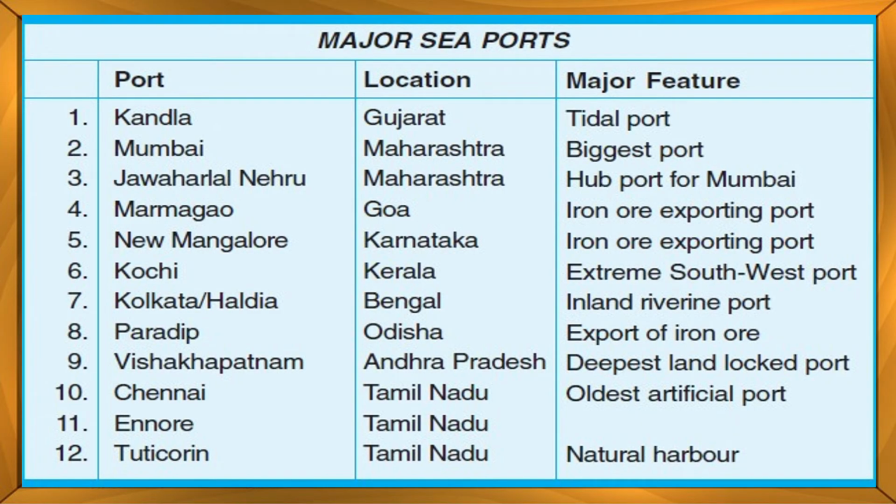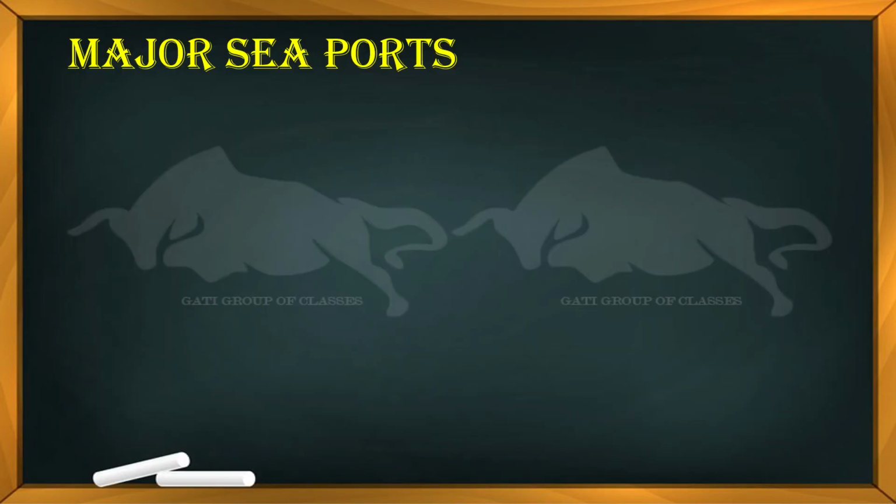And now the major seaports are located over here: Kandla, Mumbai, Jawaharlal Nehru, Marmagao, New Mangalore, Kochi, Kolkata, that is also known as Haldia, Paradip, Vishakhapatnam, Chennai, and Tuticorin. We are going to read about some of the major things like these locations and the main features in the next section, like major seaports.